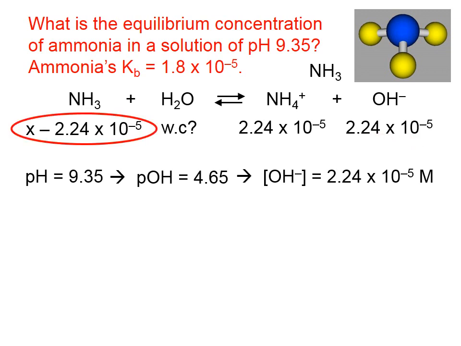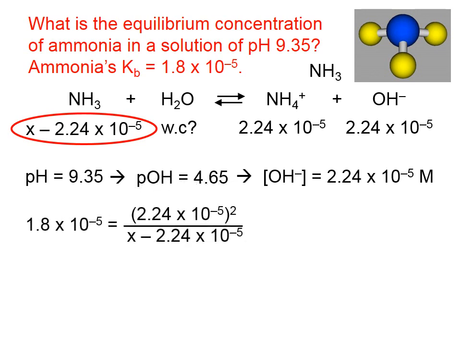We want to know what the equilibrium concentration is, so we need to find x and then put it into this expression that I've put a red oval around, and that will be our equilibrium concentration of ammonia. There's our Kb, 1.8 times 10 to the negative fifth. We've got products in the numerator, reactants in the denominator. This is not a quadratic. We can solve it for x fairly easily.